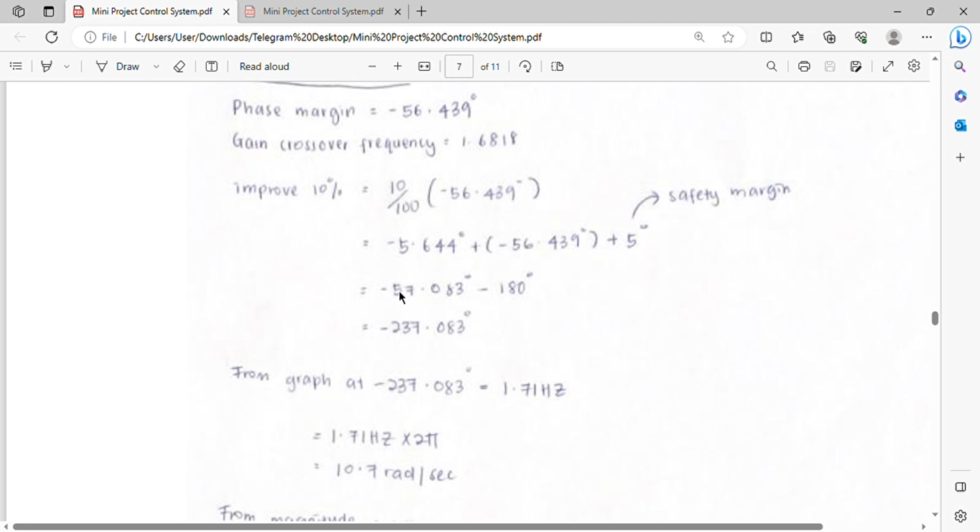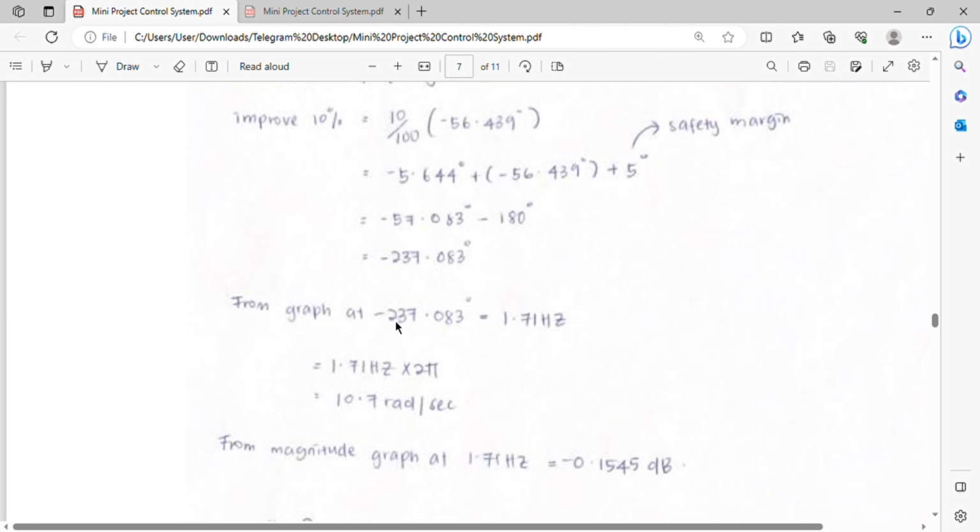After we got negative 57.083, we need to subtract 180, and then we got negative 237.083. From the graph, negative 237.083 is equal to 1.71 Hz.